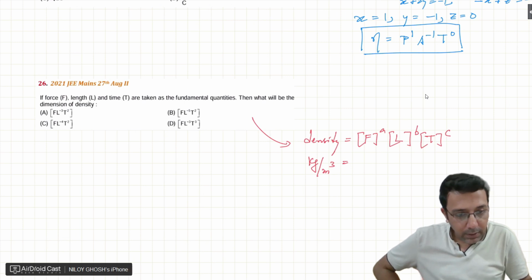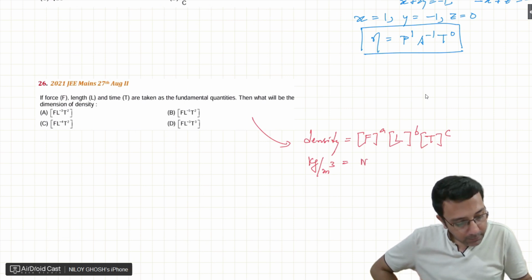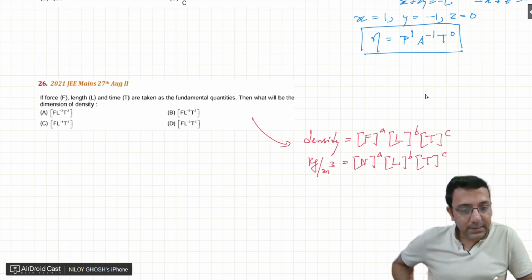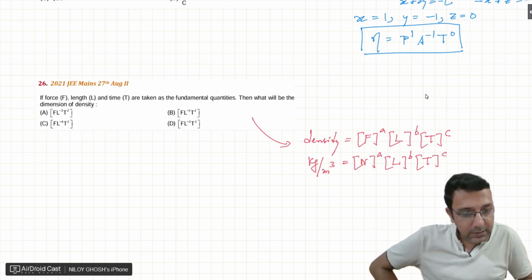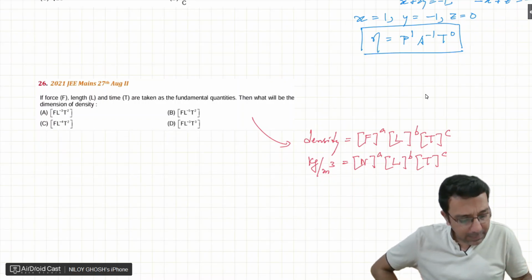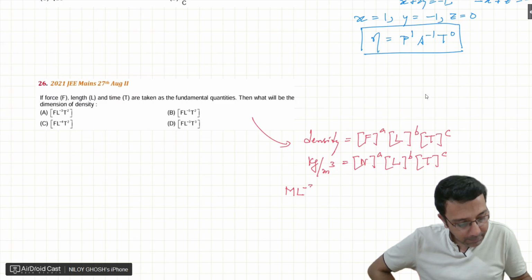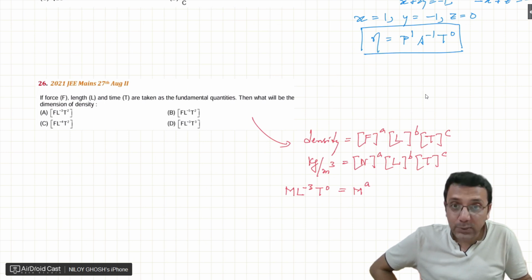Force, you know, is Newton, to the power A, L to the power B, T to the power C. All these things are known to you, so you just need to compare the formulations. I'm not going into much detail because we have already discussed similar problems. This becomes M L minus 3 T to the power 0, and on the other side M to the power A. Please work out the problem.